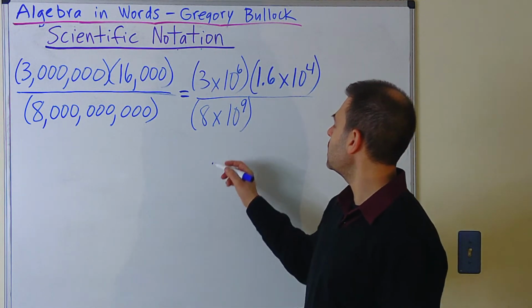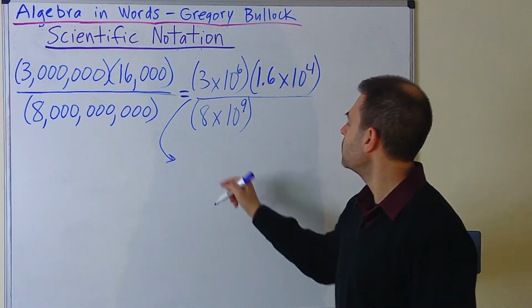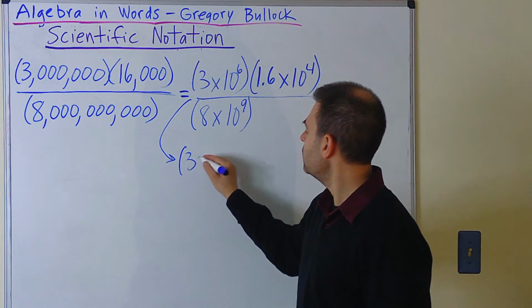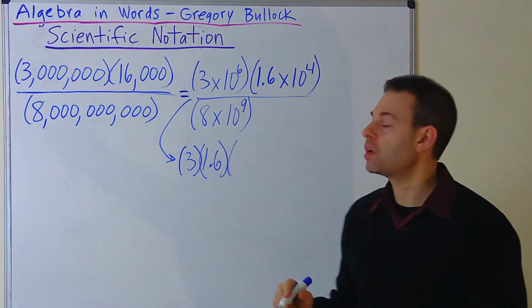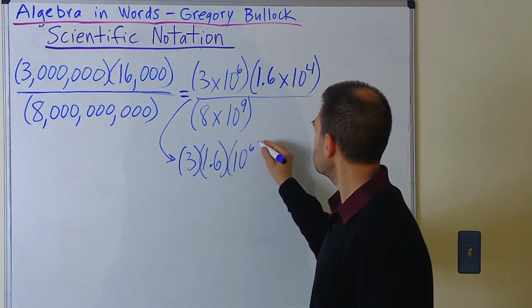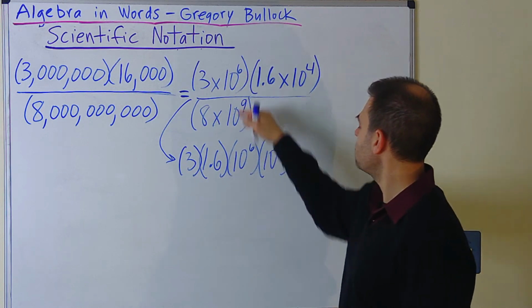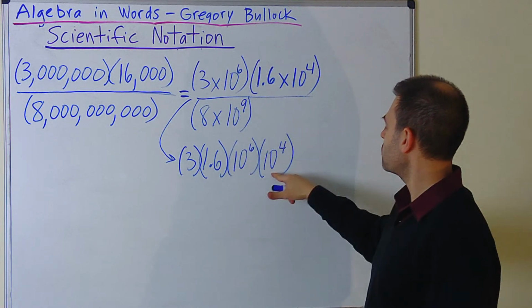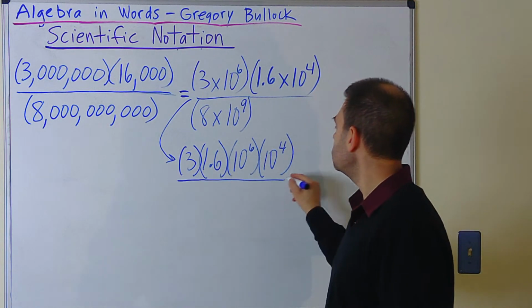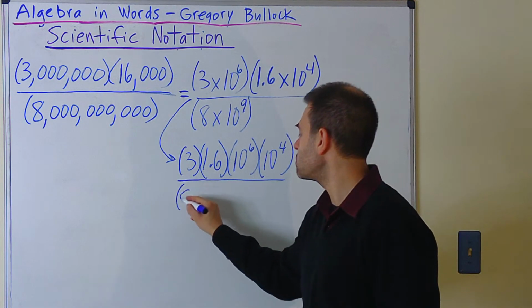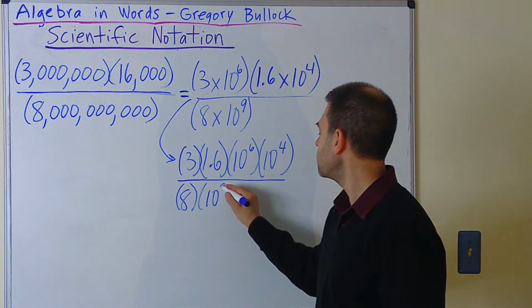So just for a little space, I'm going to come down here, and I'm going to write the top ones like this. 3 times 1.6, and then times 10 to the 6th, and then times 10 to the 4th, the 10 to the 6th coming from here, the 10 to the 4th coming from here. Okay, so I wrote them as individual factors. And then below, on the left, I'm going to write 8 as its own factor, and then in parentheses, 10 to the 9th.